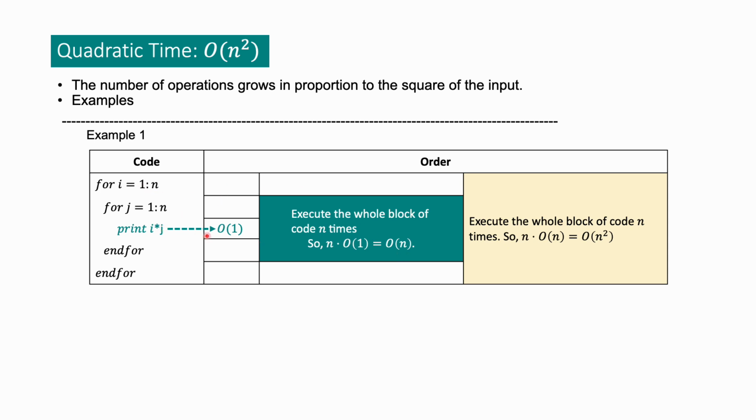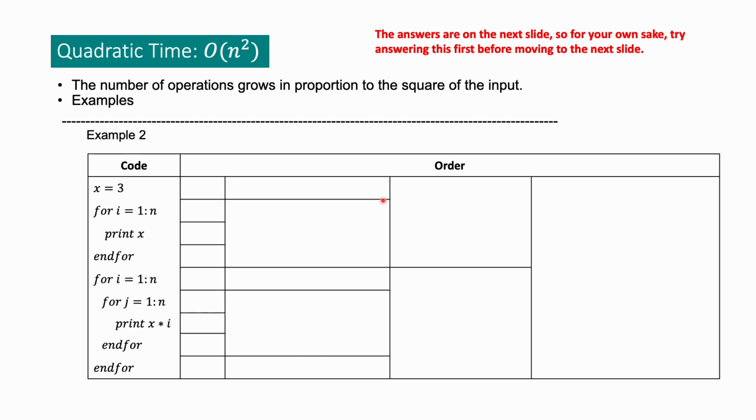So this is O of 1 implemented n times, that's n times O of 1, so that's O of n. Now this O of n is implemented n times, so that is n times O of n, or O of n squared. That's why it's quadratic time. Okay, study this and then pause and proceed.